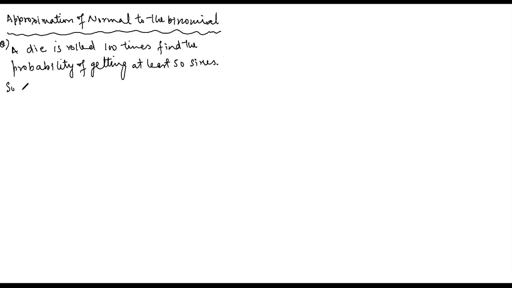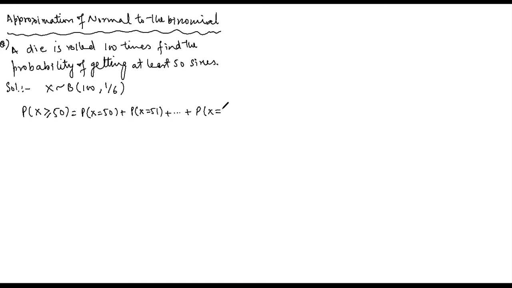Now its solution is, this one is a binomial distribution with n is 100 and probability of success is 1 by 6. And we want to find probability of x is greater than or equal to 50. Now we will find probability of x is equal to 50 plus probability of x is equal to 51 plus and so on up to probability of x is equal to 100.